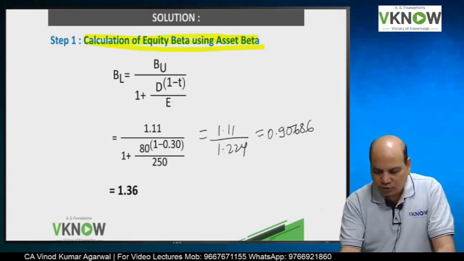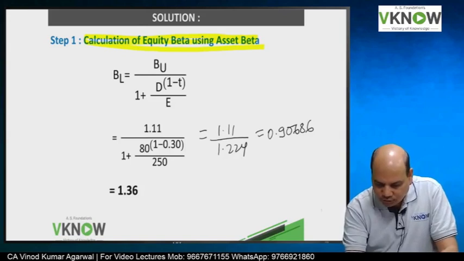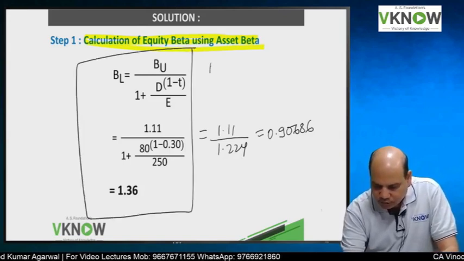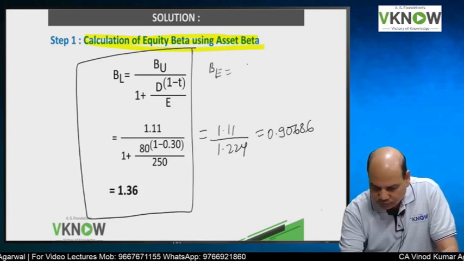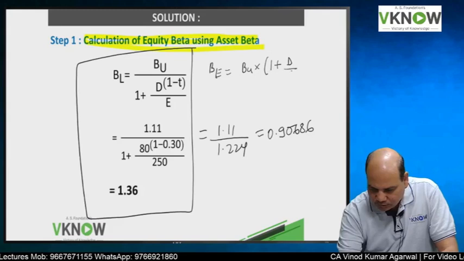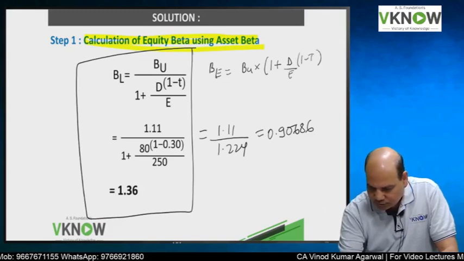Wait, actually we should use a different formula. Beta of equity will be equal to unlevered beta into 1 plus debt by equity into 1 minus t.